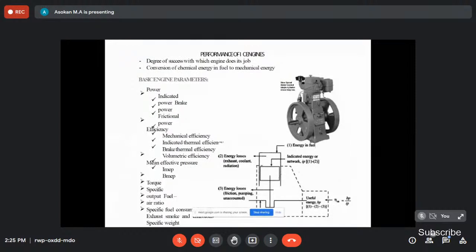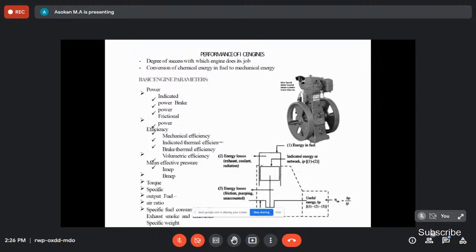So, see this diagram. 100% of the energy is supplied to the engine as fuel. But once the combustion takes place, some of the energy is lost: some is dissipated to the environment, some of the heat is absorbed by the coolant, and some is exhausted through radiation. The remaining energy available is called indicated energy, that is, indicated power.